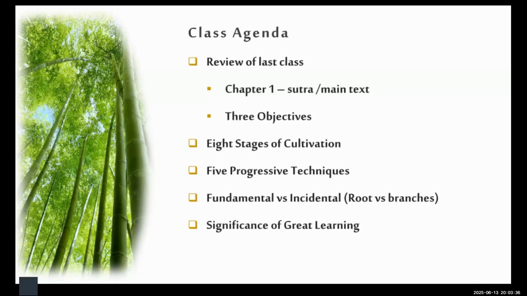And if we have time, we're going to talk a little bit about the fundamentals versus incidental, or root versus branches, which is an important concept of philosophy in the Great Learning. And finally, we're going to wrap up this class by sharing the significance of the Great Learning.